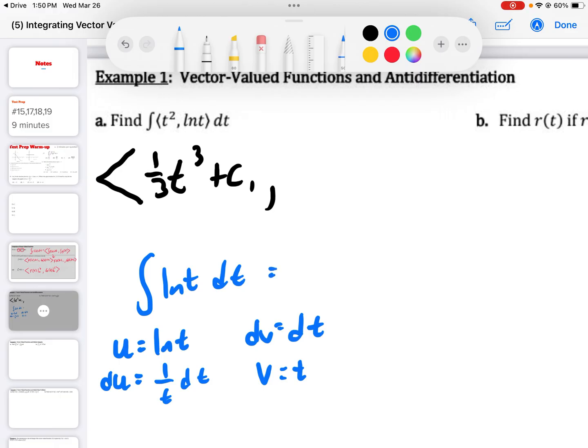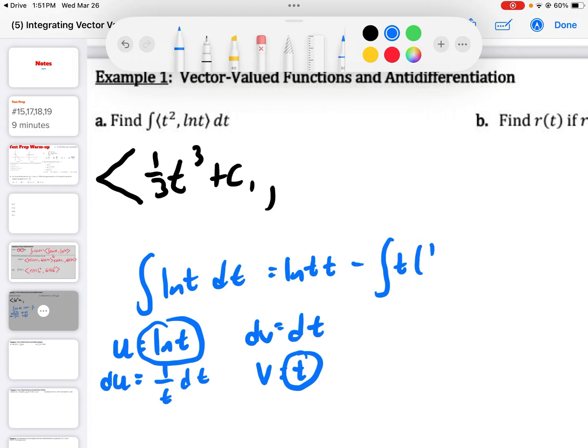So this would equal u times v minus the antiderivative of v du. Du is 1/t dt.